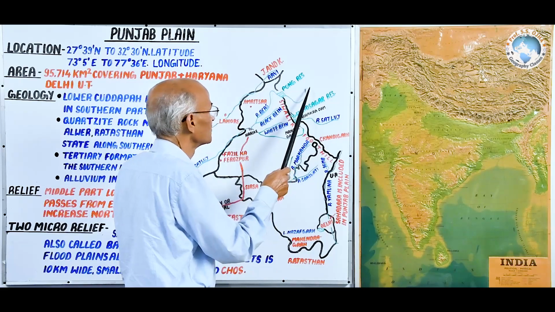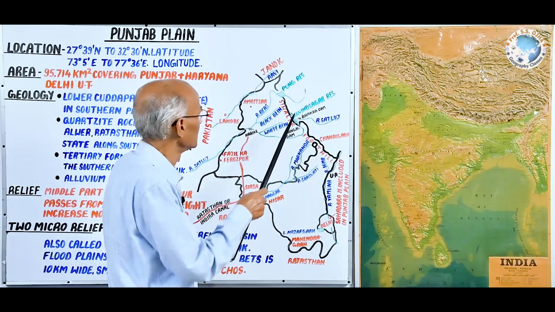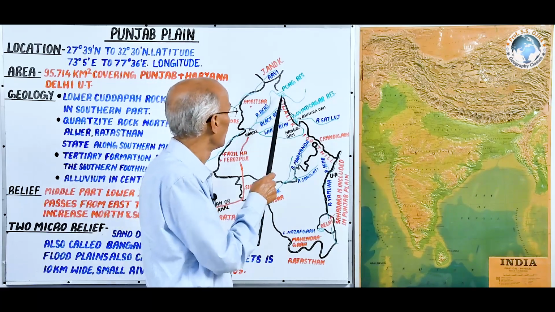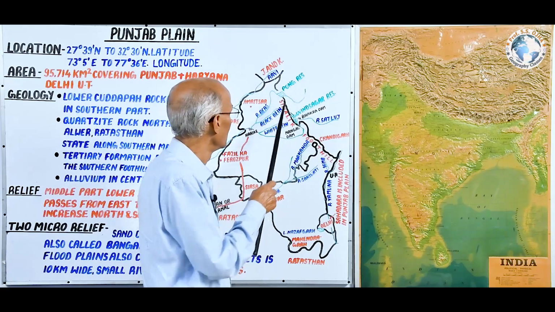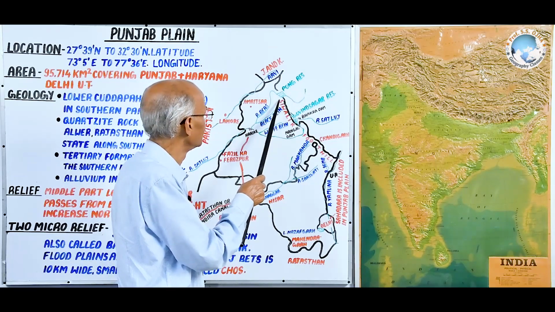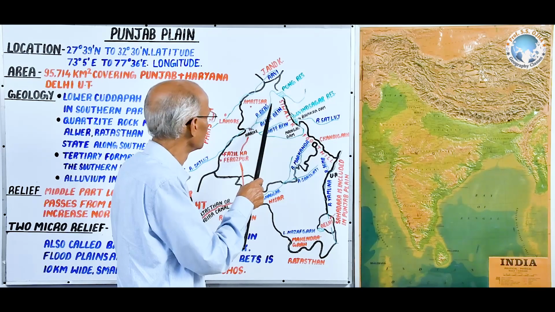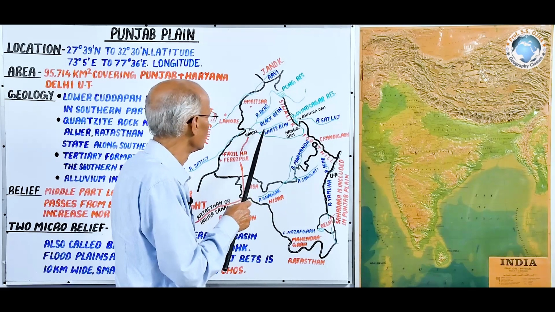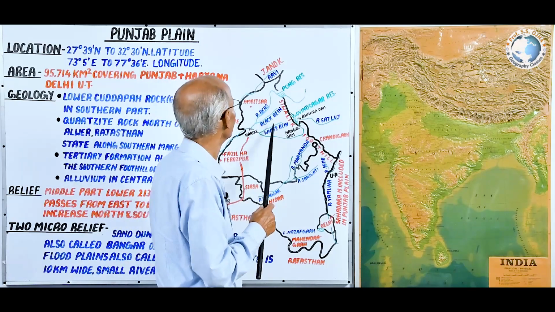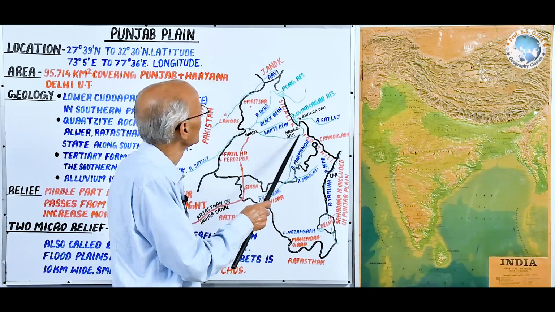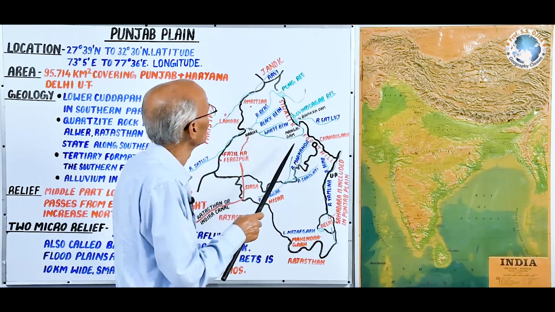Beas originates from Rohtang Pass in Himachal Pradesh, and a dam named Pong Dam has been built on it along the Shivalik range, and then it enters Punjab state, and the left hand tributary of this Ravi is Black Bein, and it is here at the Shivalik foothill having boulders.